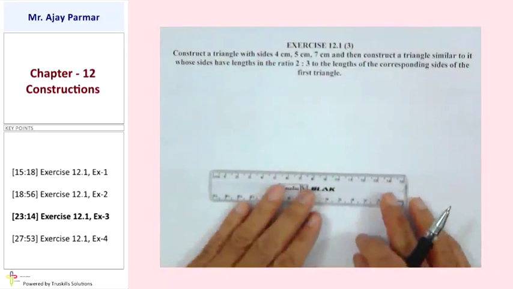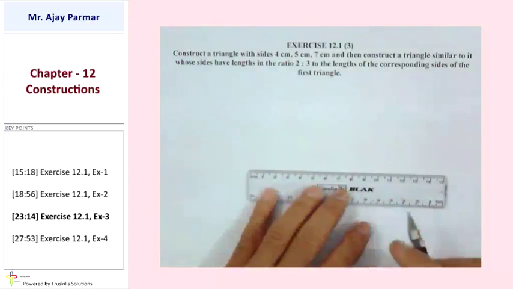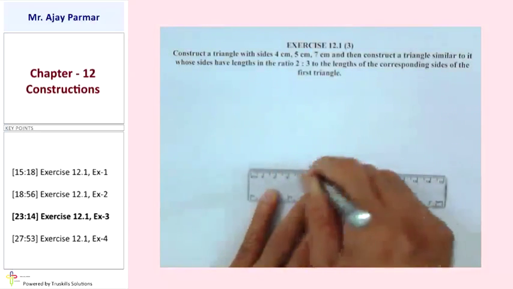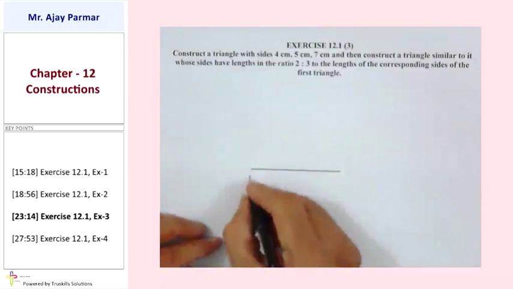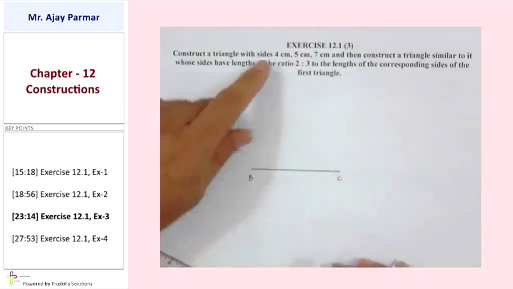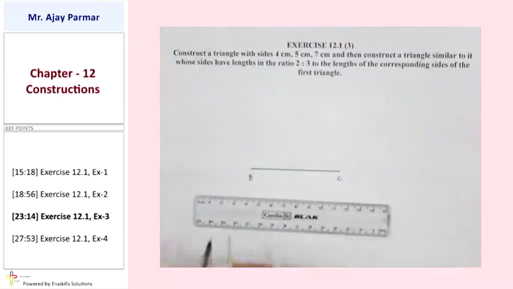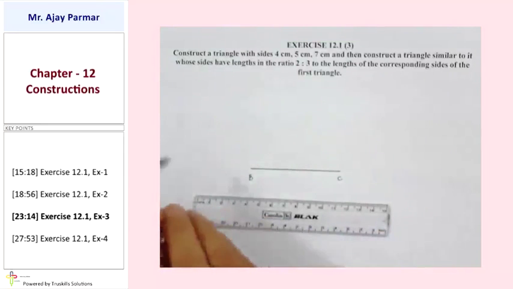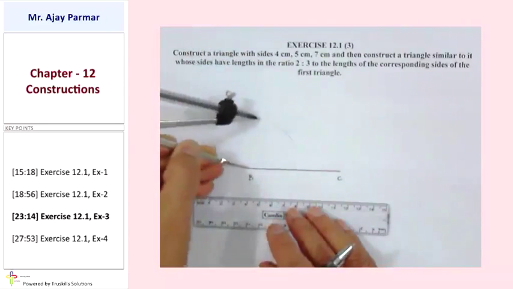So the longest side of the given triangle is, say, 7 cm, and this is the line segment of 7 cm. Let us call this line segment as, say, BC. Now because I am supposed to construct the other 2 sides as 4 cm and 5 cm, I am going to pick up a radius of 4 cm this way, and then taking B as the center, you could have taken C also as the center, because we are not given any specific name.